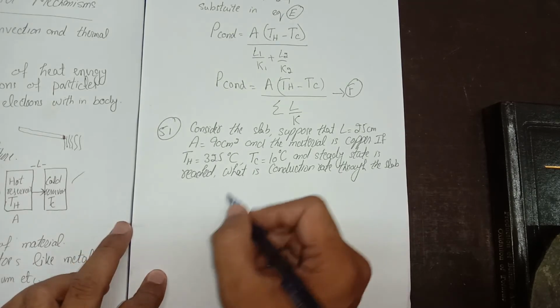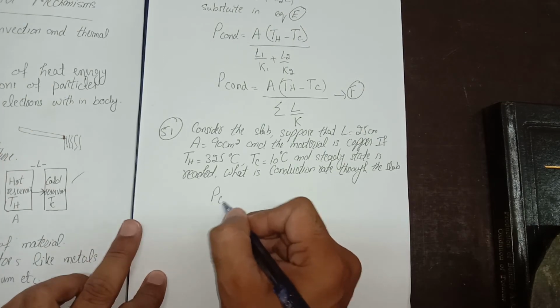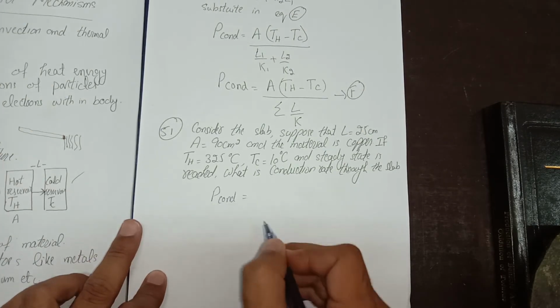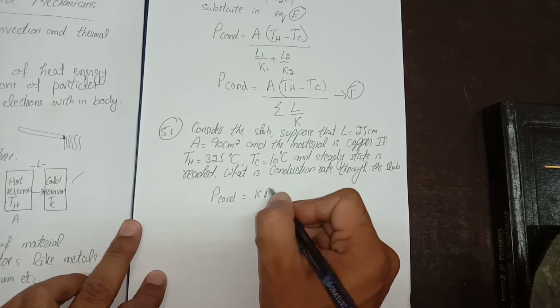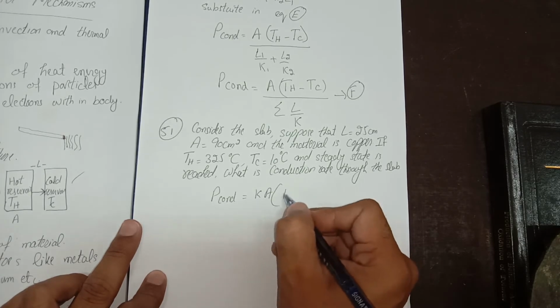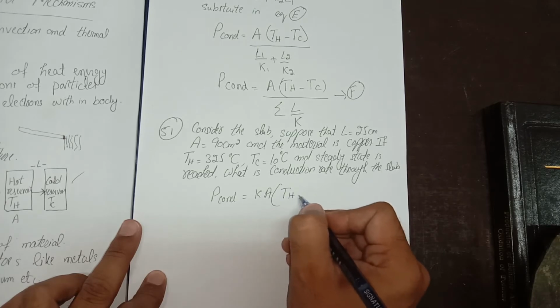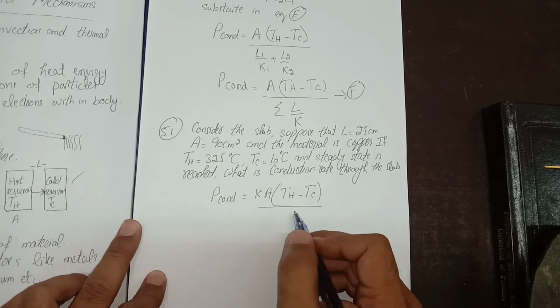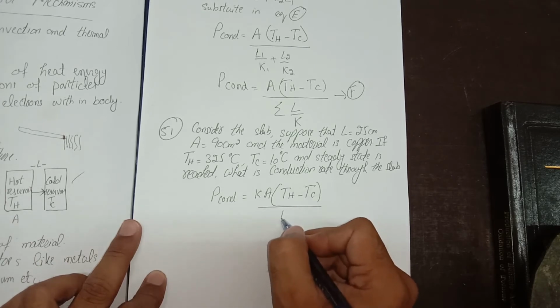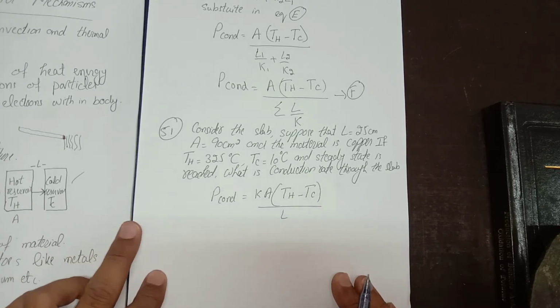As we know, the conduction rate is given by K times A times (hot minus cold reservoir) divided by length. Now the length and area are given in centimeters. You can convert them into meters.